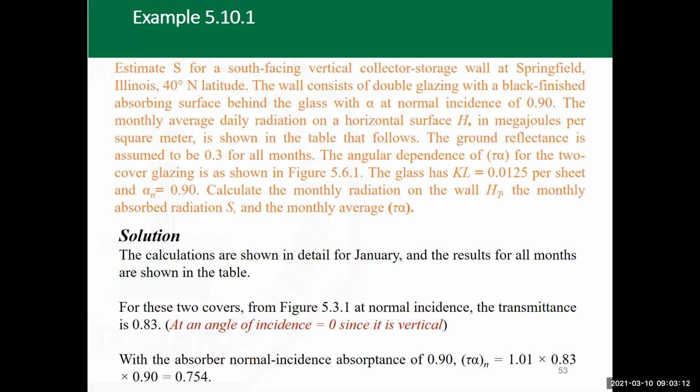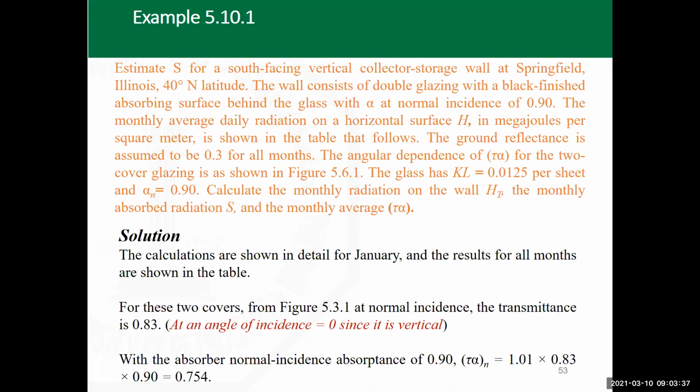It is south-facing, and it is in Illinois at 40 degrees north latitude. The wall consists of a double glazing, with a black finished absorbing surface behind it, with an alpha normal of 0.9. So alpha normal is provided.